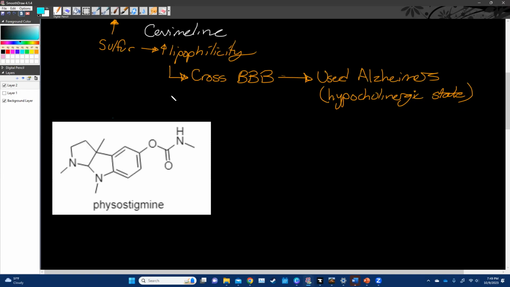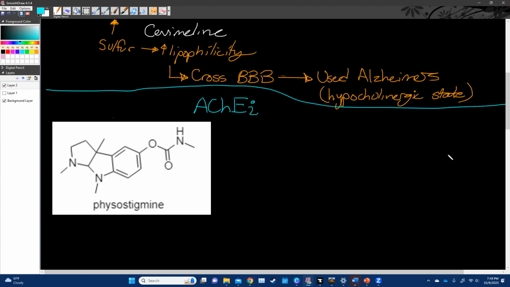All right. Up next, we are going to be talking about the acetylcholinesterase inhibitors. All of the acetylcholinesterase inhibitors follow the same backbone.